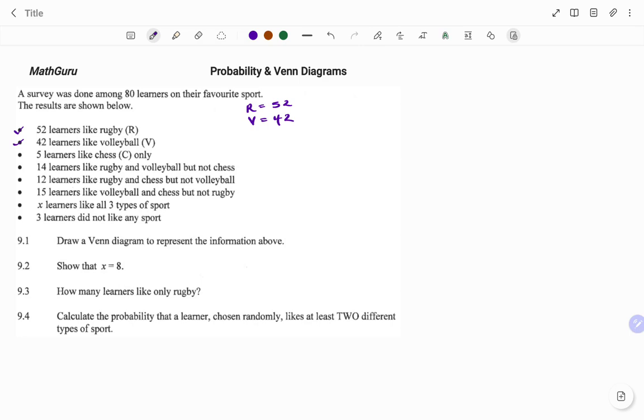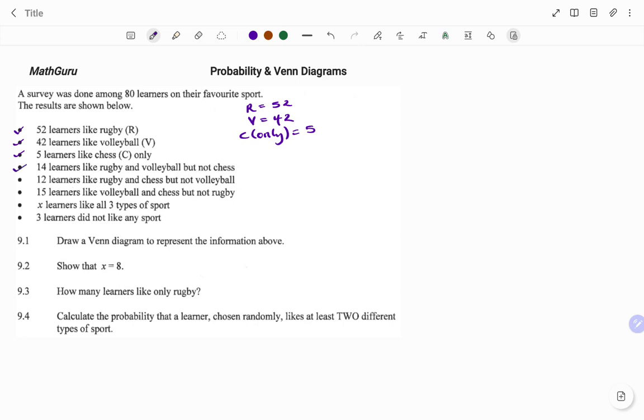Then I have 5 learners like chess only. The "only" statements are what I look for when drawing a Venn diagram. I'll show you why shortly. So I have C only equals 5.